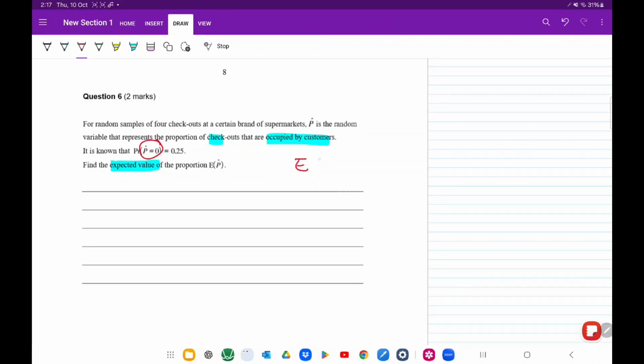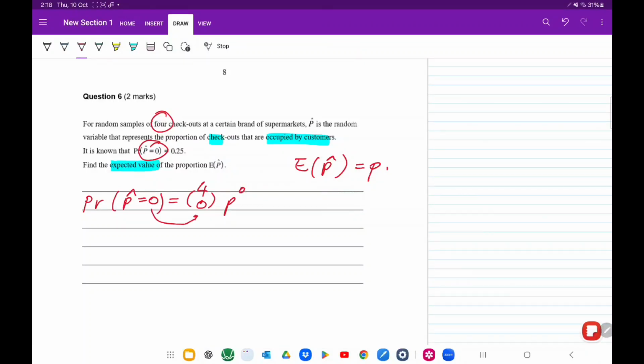Now, when we've got expected value of a particular proportion, we can define that as P. So when we talk about the probability that the proportion sample is equal to 0, which is what we've got here, we can equate that to 4C0, why 4? Because we've got 4 checkouts. Why 0? Because we're choosing 0.